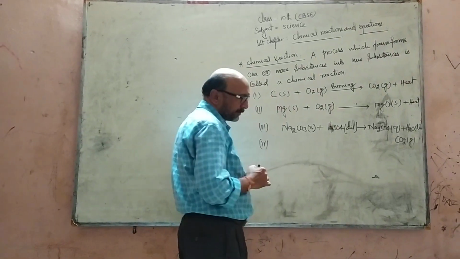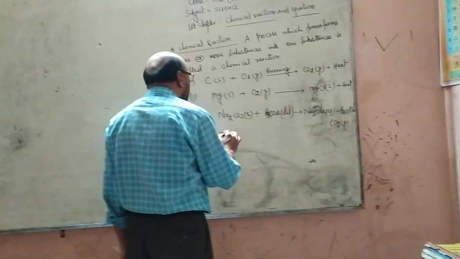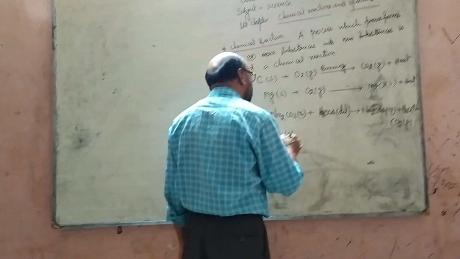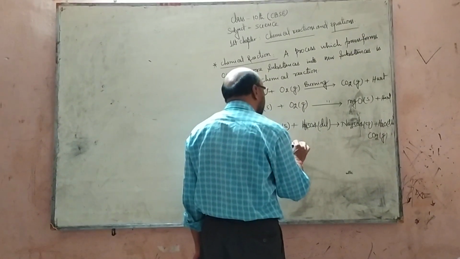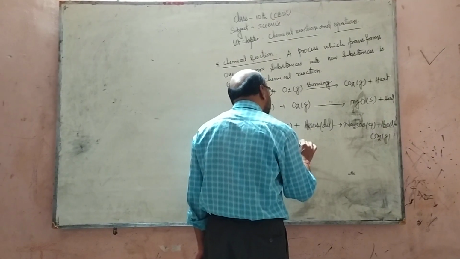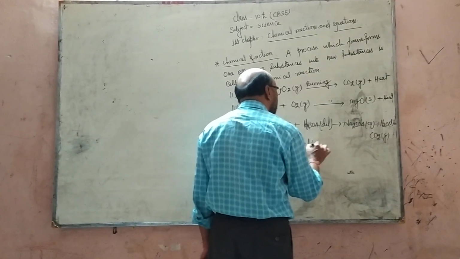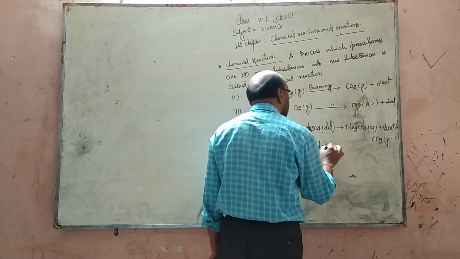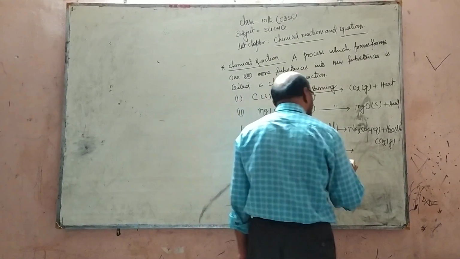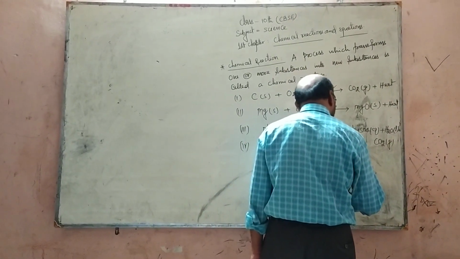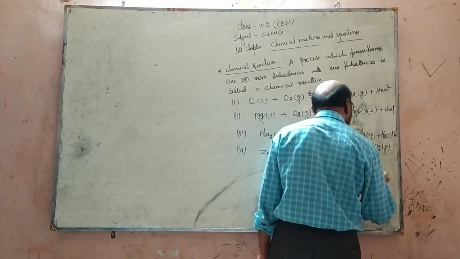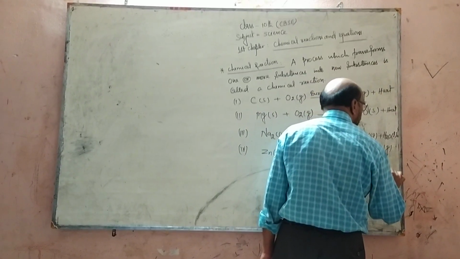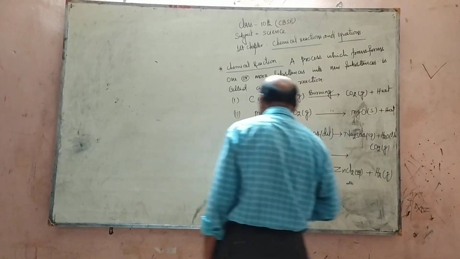The next example we can take in the list of chemical reactions is the reaction between zinc metal and dilute hydrochloric acid. These two chemical substances react to form zinc chloride and hydrogen gas is released.